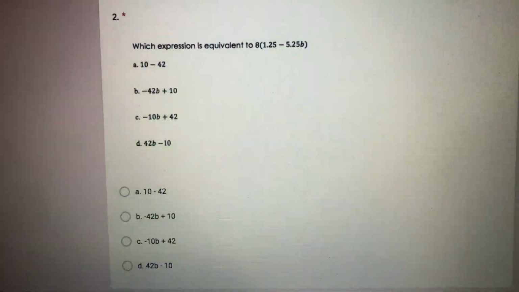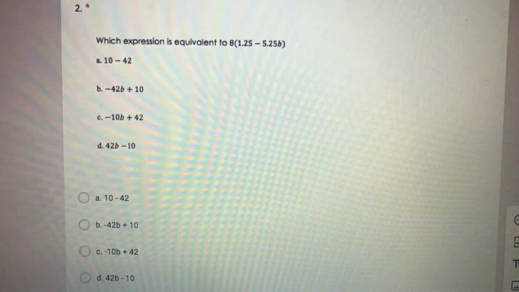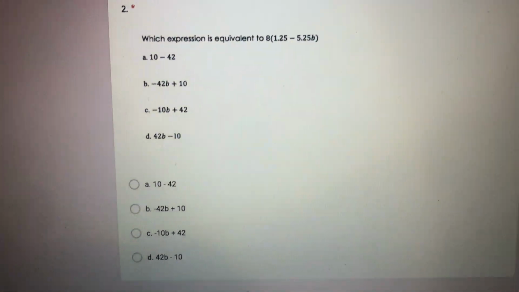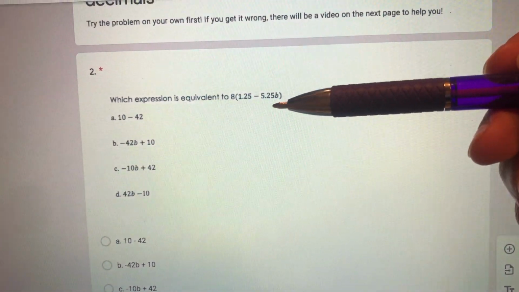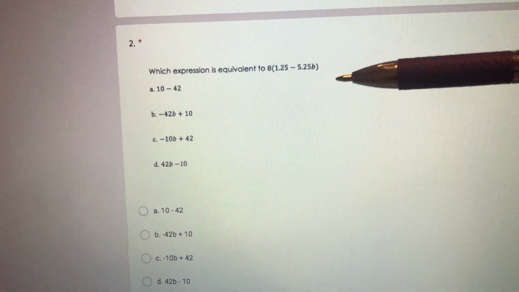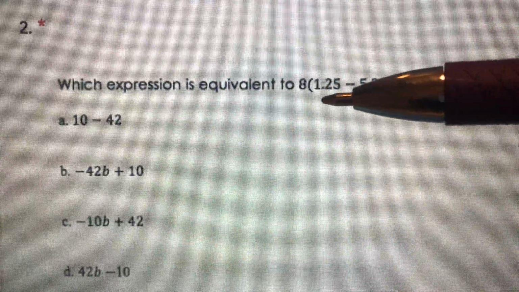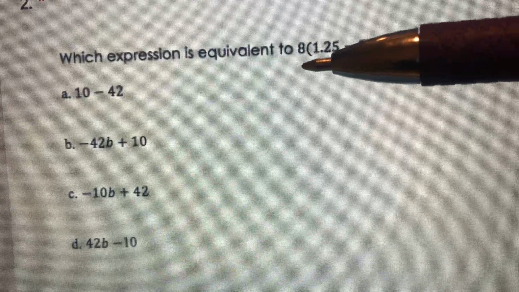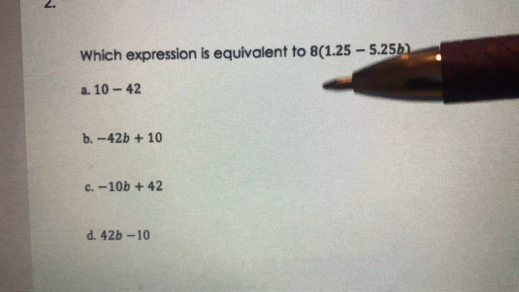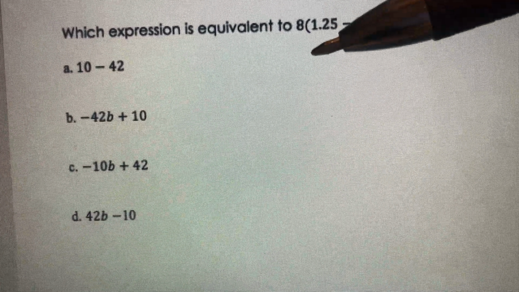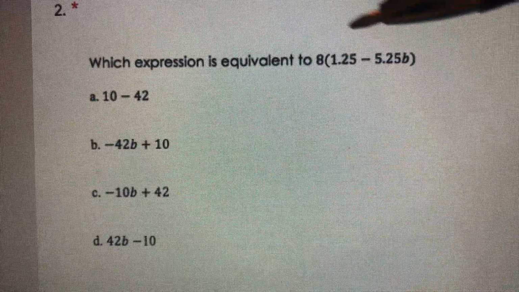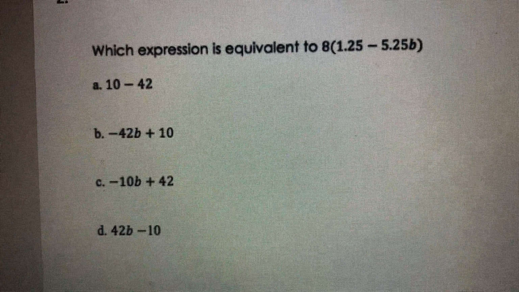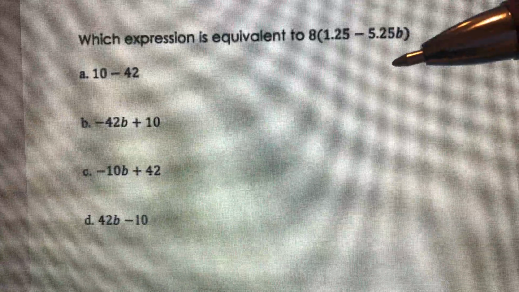Okay, so number 2, this says which expression is equivalent to 8 times (1.25 minus 5.25b). Remember that anytime you see a number and then there's parentheses, that means this is multiplication. And usually when you see something like a number multiplied by 2 terms that are being added or subtracted, that's the distributive property.